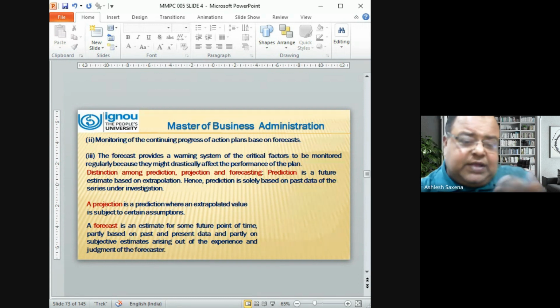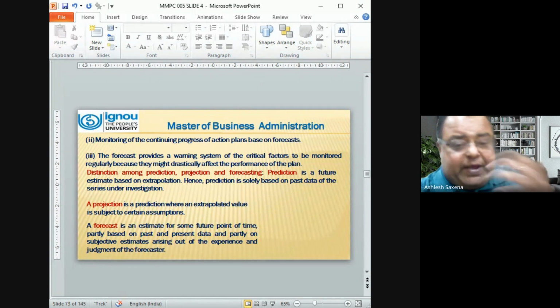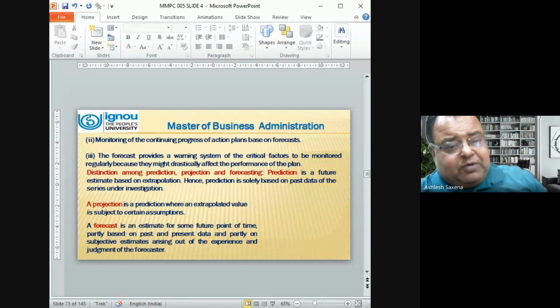Projection is a prediction where an extrapolated value is subject to certain assumptions. And forecast is an estimate for some future point of time, partly based on past and present data, and partly on subjective estimates arising out of the experience and judgment of the forecaster.